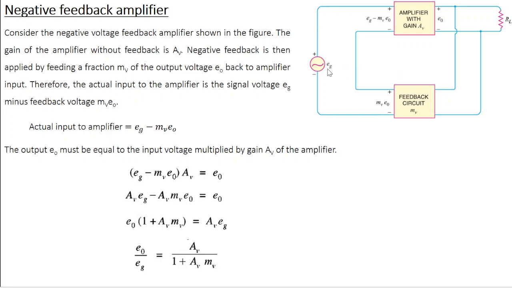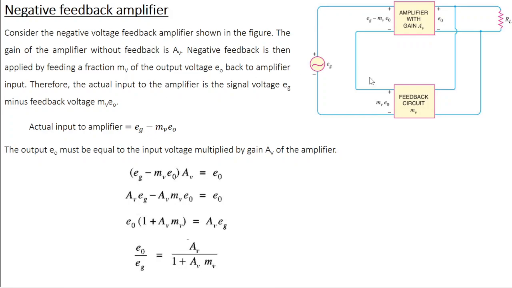So Eg is the input voltage, E0 is the output voltage. A fraction of this output voltage, mV, is given back to the input. So this feedback voltage is mV multiplied by E0. And as I said, since this is negative feedback, the feedback signal is going to act against the original input, right? So the actual input to the amplifier now becomes the input signal voltage Eg minus the feedback voltage mV multiplied by E0.